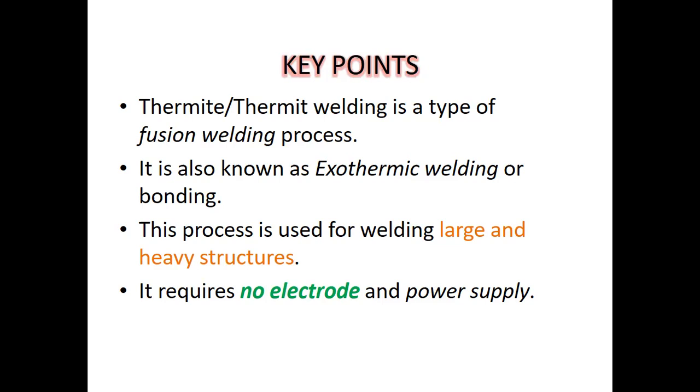So you have to go for this kind of welding. It uses some compounds which can be transported to that spot, and once they're ignited, that welding will take place.